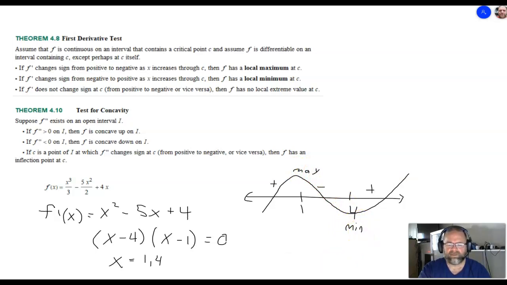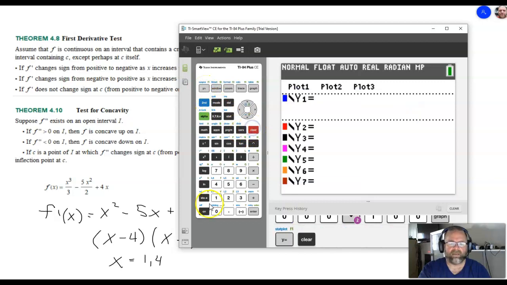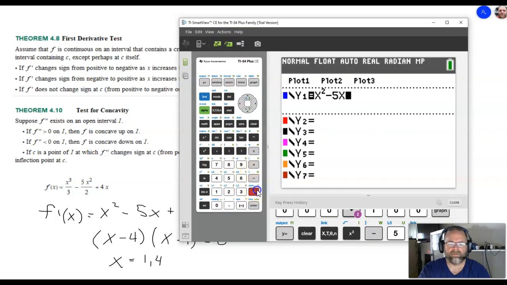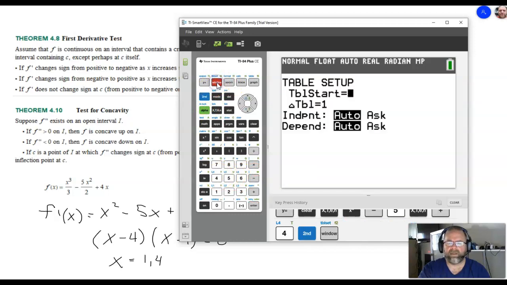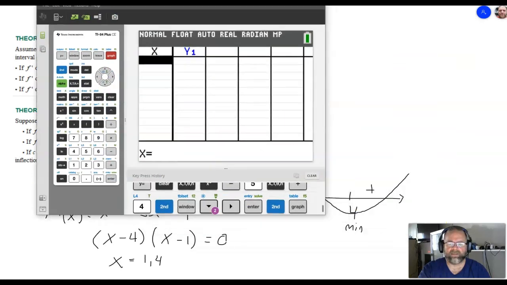Now as promised, let's go put this in our calculator as well. So if I go up here and put in x squared minus 5x plus 4, make sure that my table set is on ask and auto, and go to my table here, and I'm going to put in those 3 values I did before.